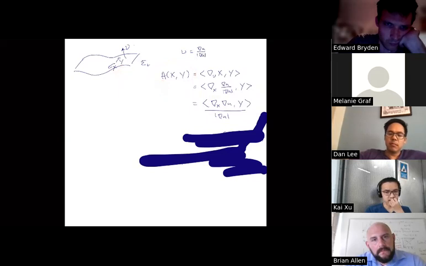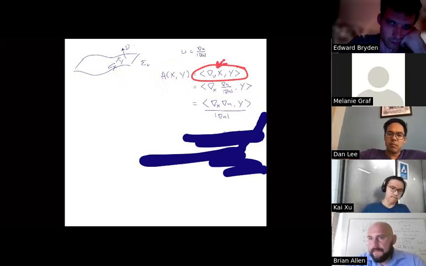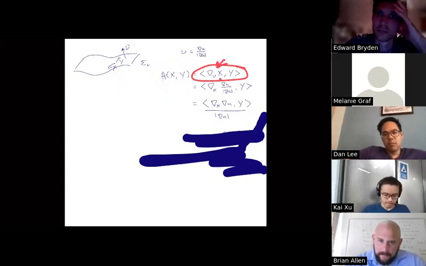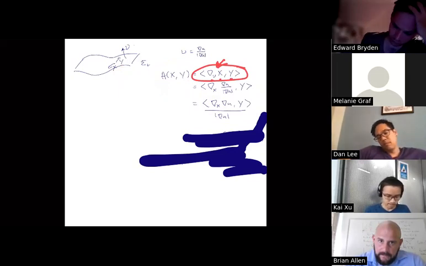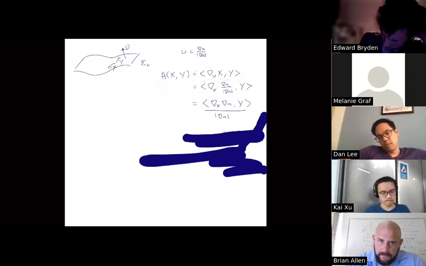Well, it depends on how you like to think about it, but it's either plus or minus the covariant derivative of one of the vector fields in the normal direction, paired with the other vector field. Roughly, this is one definition of the second fundamental form.